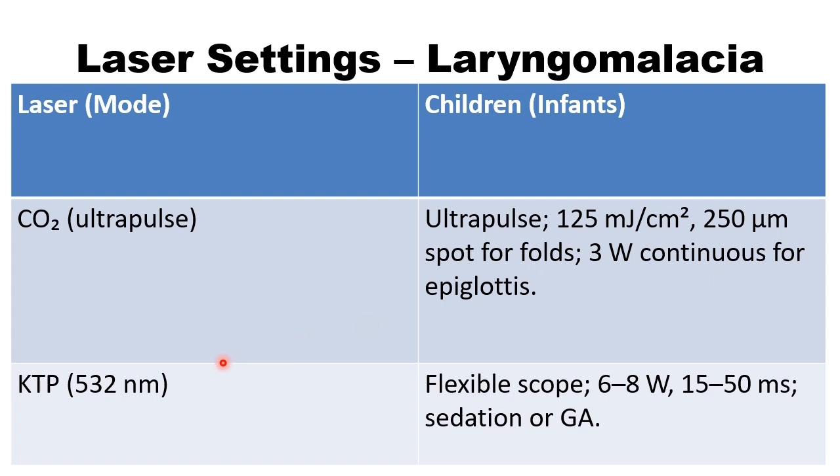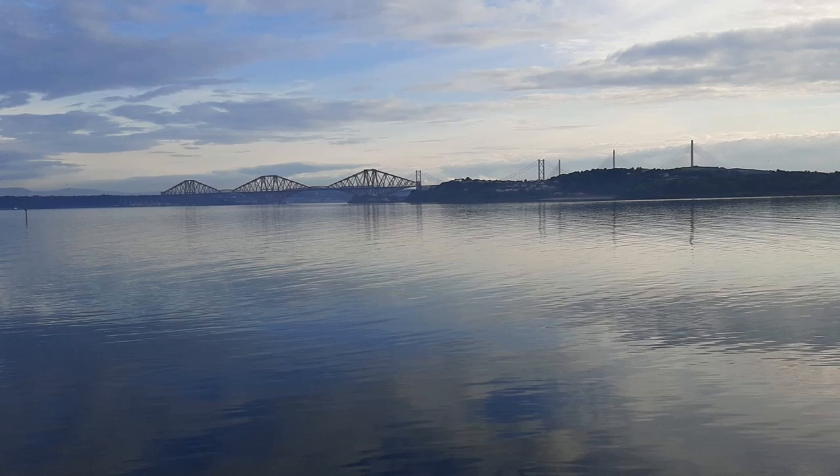If the KTP laser is used, it is used with a flexible scope, sometimes with sedation, but usually with general anesthesia in the children, again with moderate watts, 6 to 8 watts, and a very short pulse of 15 to 50 milliseconds.